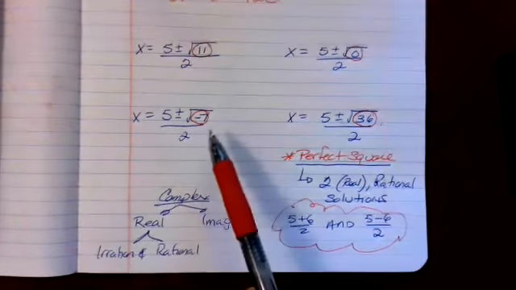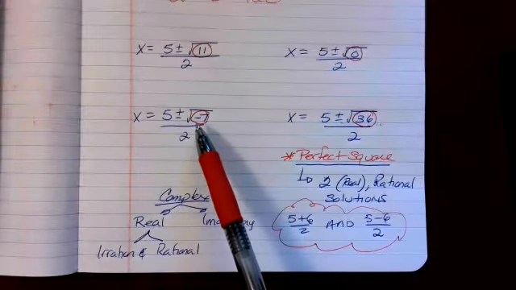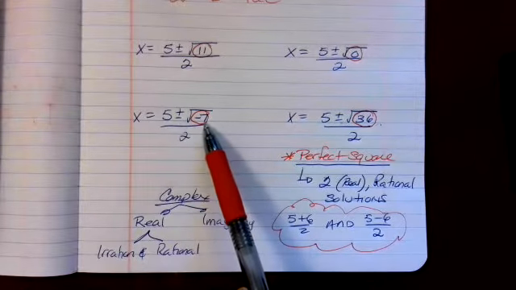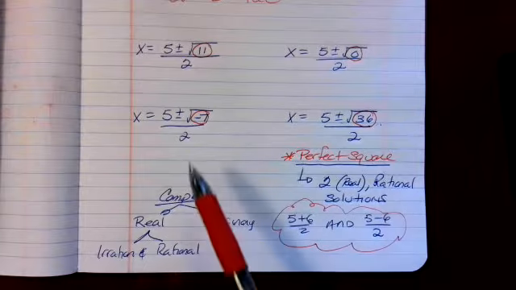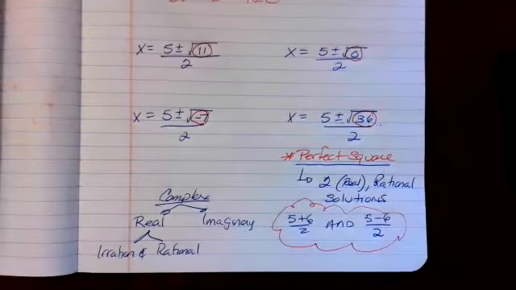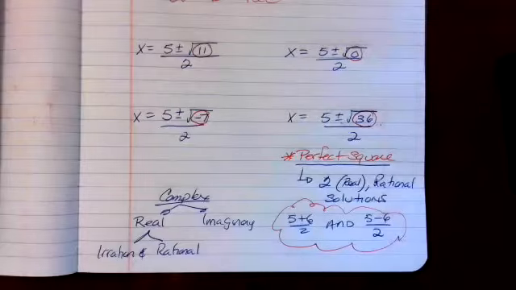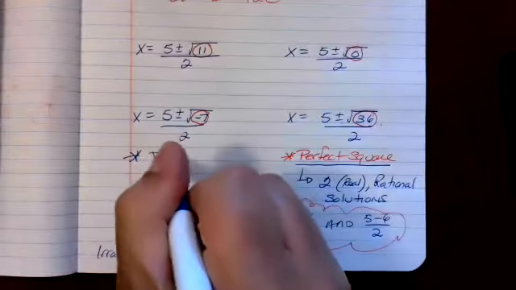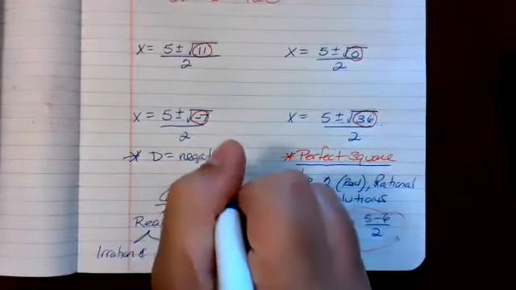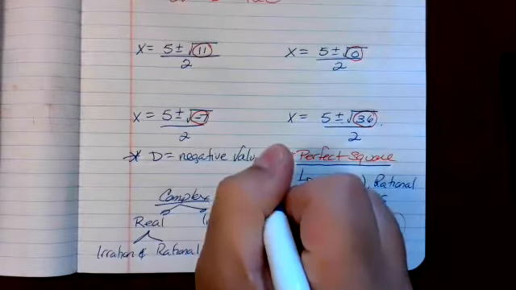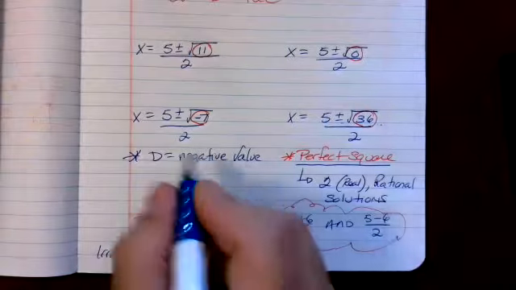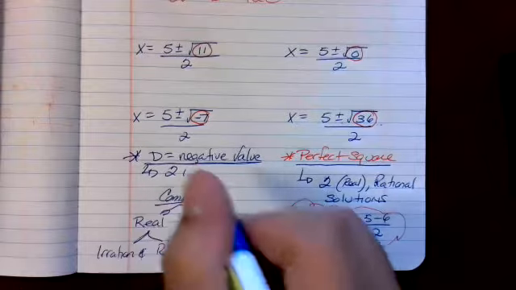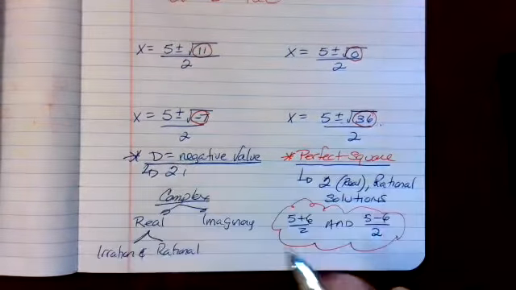Opposed to over here, this would still be 2 solutions because it's plus or minus, but in this case, these are not going to be real. These are going to be imaginary, because we have a negative under there. If D is equal to a negative value, we would have 2 solutions, which they might call complex or imaginary.